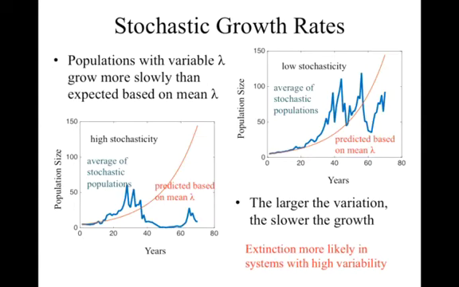For low stochasticity, my stochastic blue line follows the predicted exponential growth curve that you would get if you just averaged the growth rate over all the years. It follows it a lot better. Still not keeping up quite, but it's following it a lot better. And in fact, if I get rid of all my stochasticity and lambda is the same from one year to the next, then I follow that red line exactly.